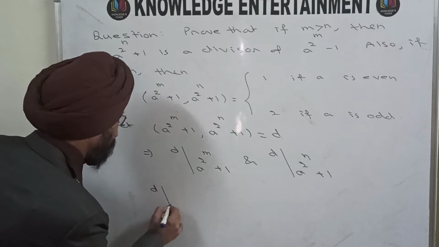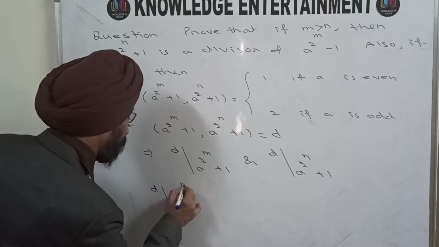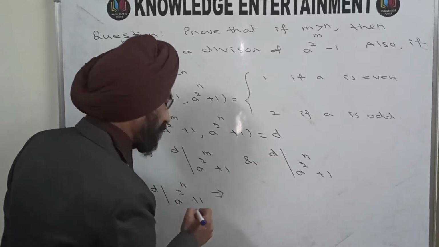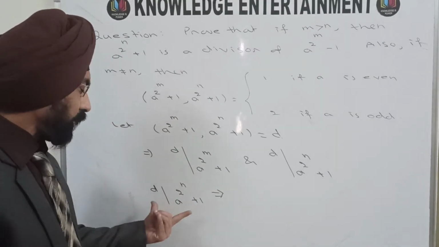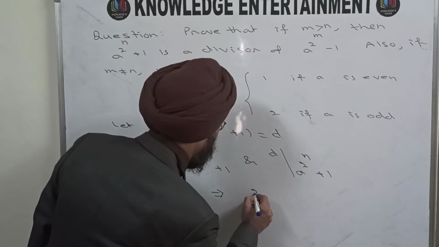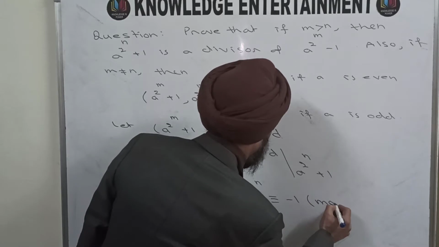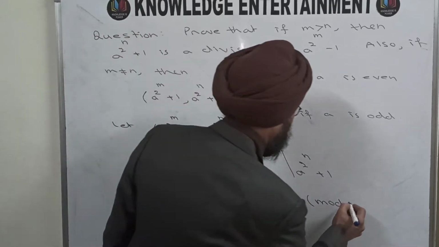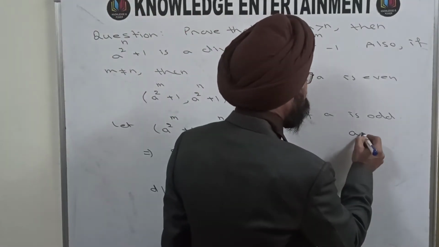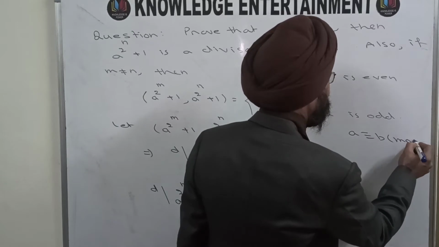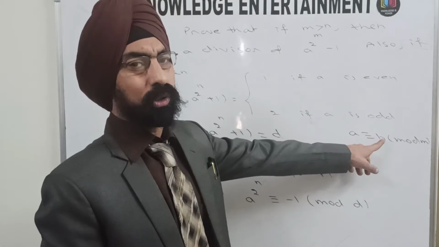D divides a raised to the power 2 raised to the power n plus 1. If I convert this divisibility into a congruence, what I get is a raised to the power 2 raised to the power n is congruent to minus 1 modulo D. And we know that if a is congruent to b modulo m, then any power of a is also congruent to the same power of b.